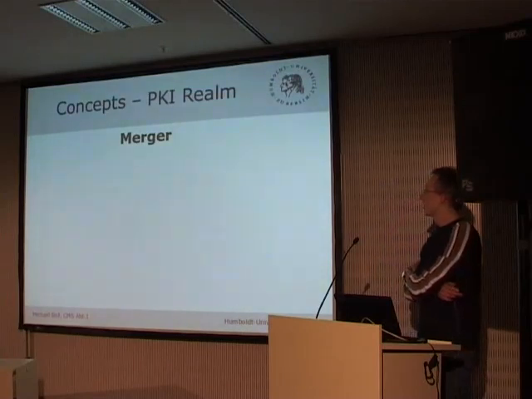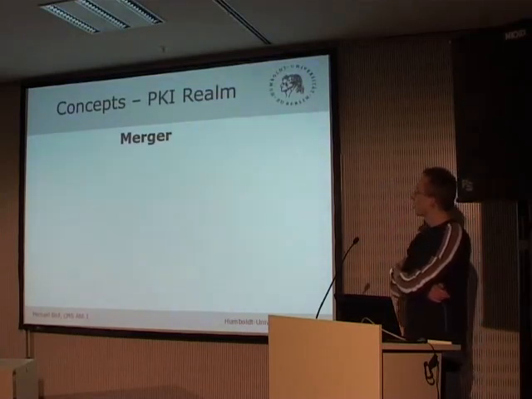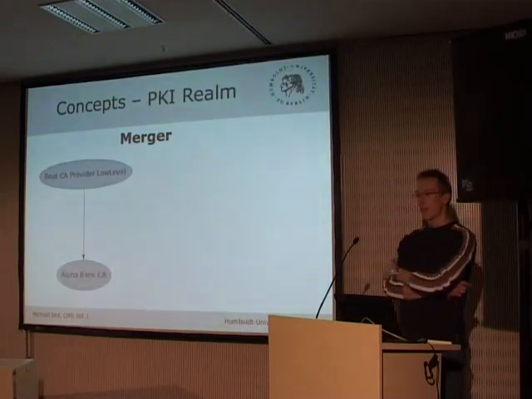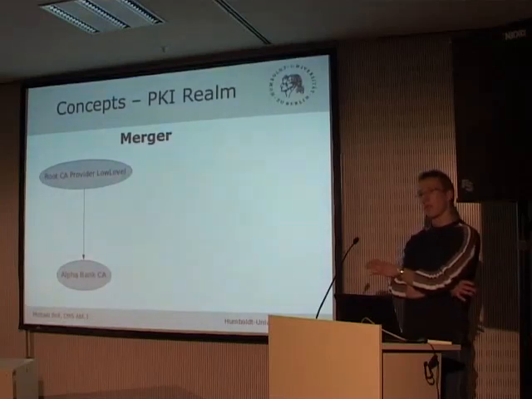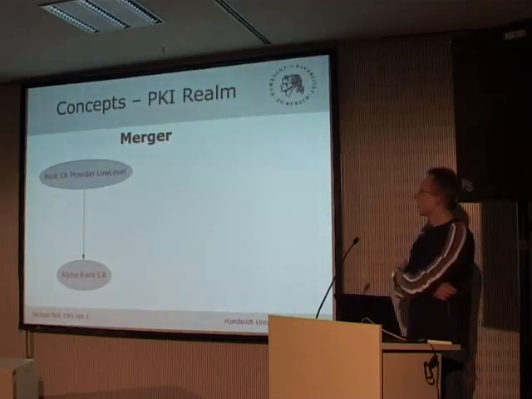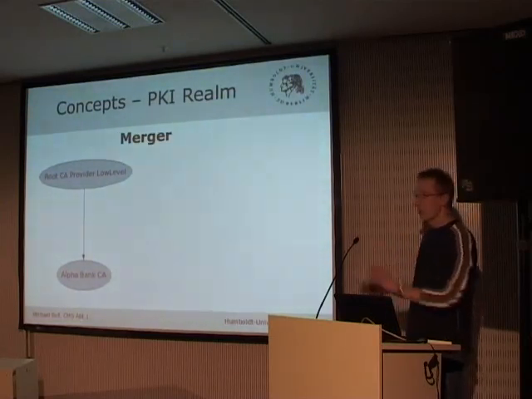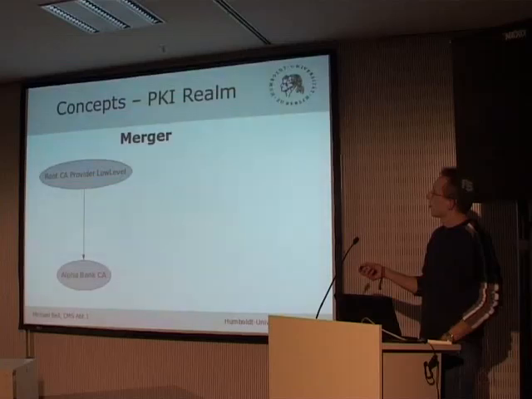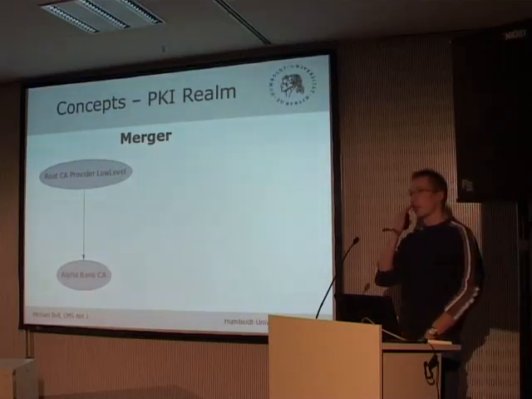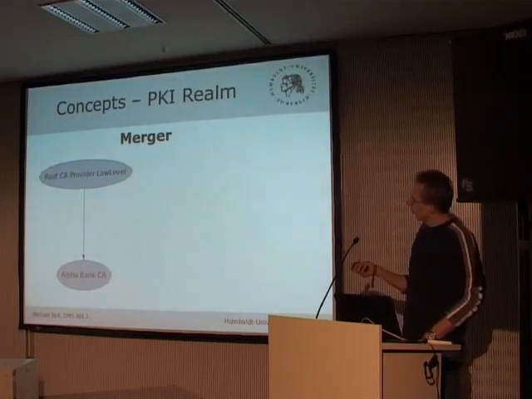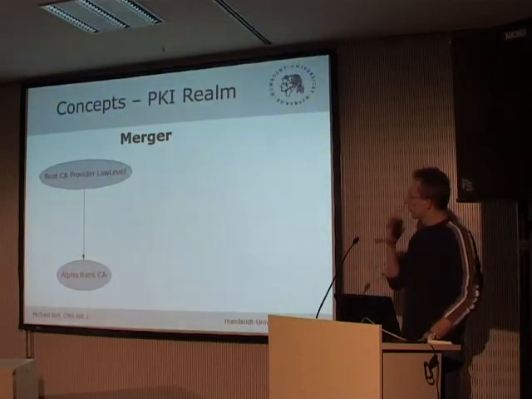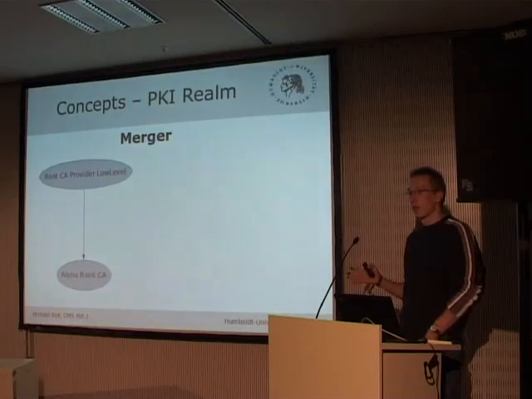Mergers are very common today. Even big companies are bought by much bigger companies. And so you have always CA migrations, even in very, very high volume environments. So a standard environment is that you have an Alpha Bank CA. It's only an example here. This bank doesn't exist. And you have a root CA provider at a low level. This is very common.